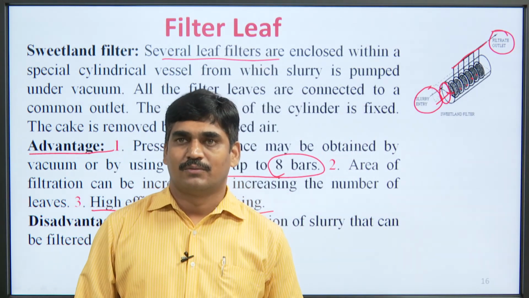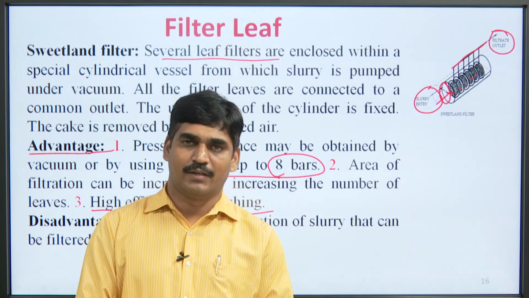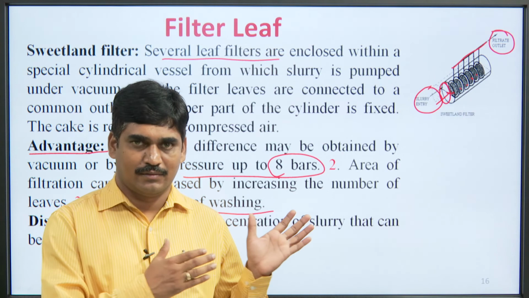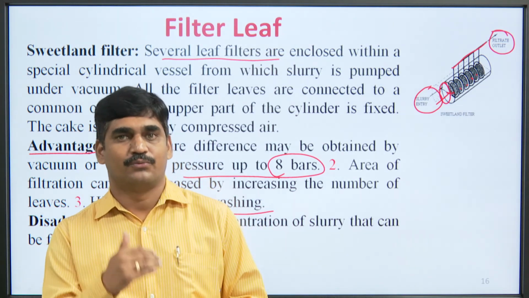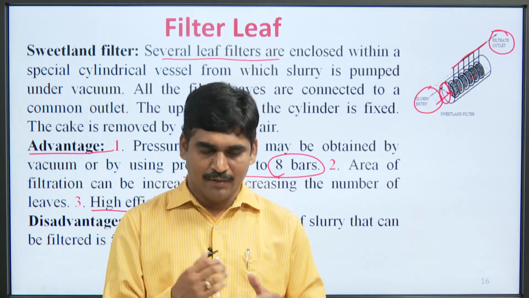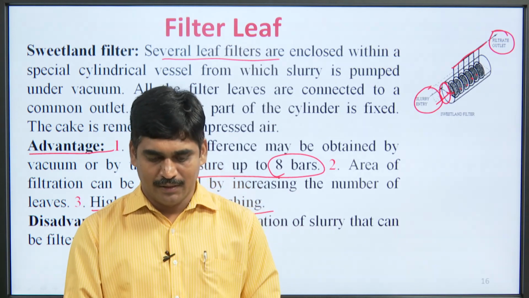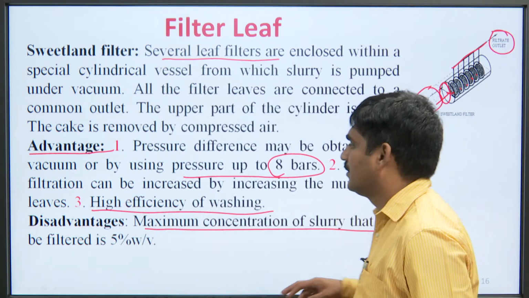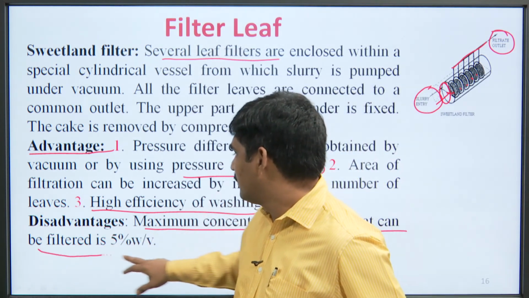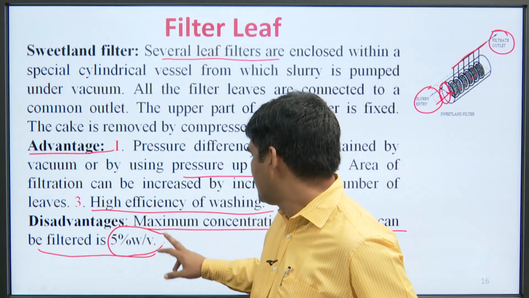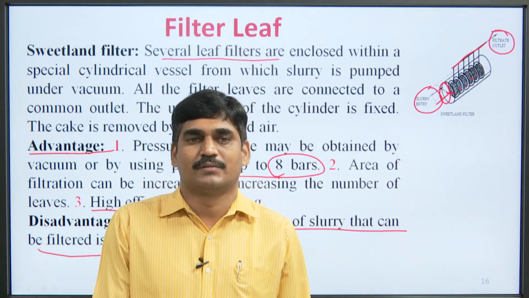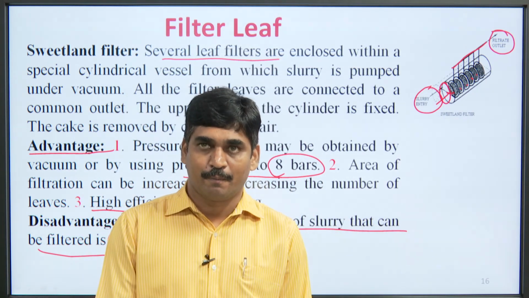The disadvantage of the filter leaf is that the maximum concentration of slurry that can be filtered is 5%.